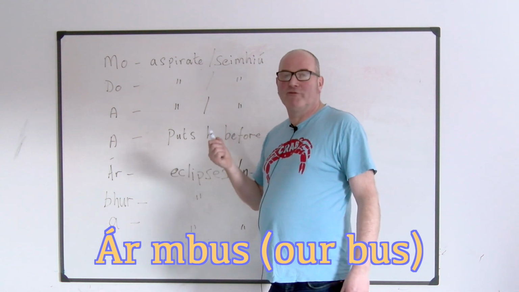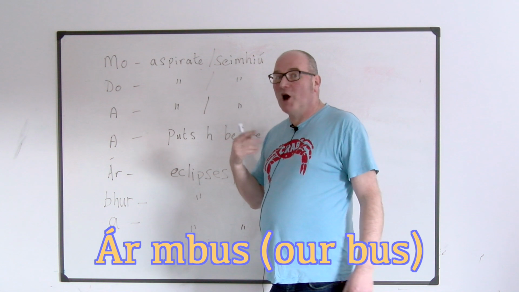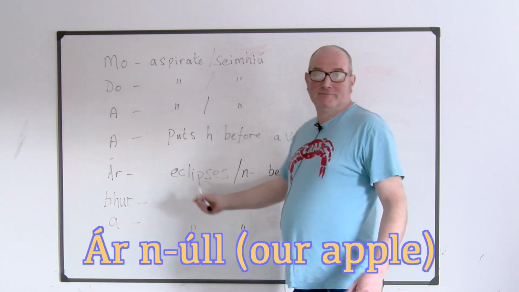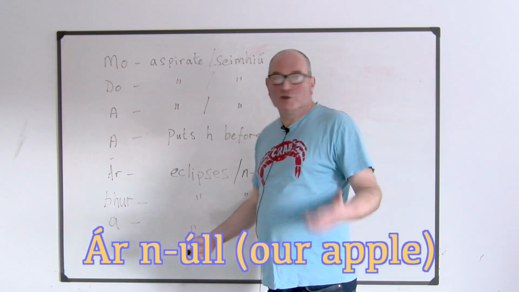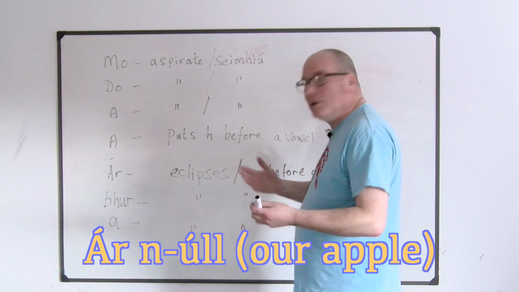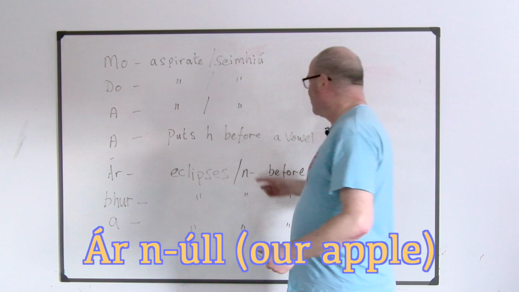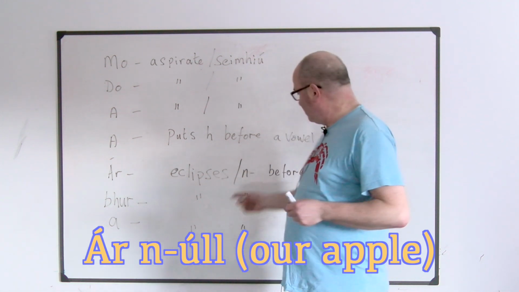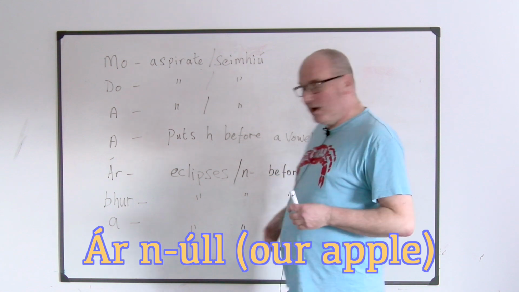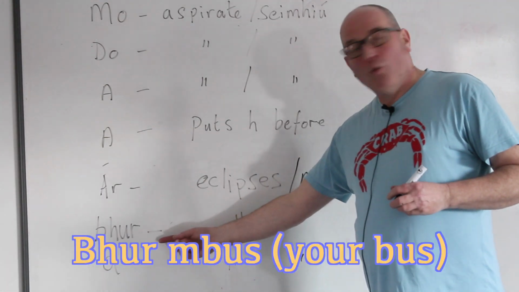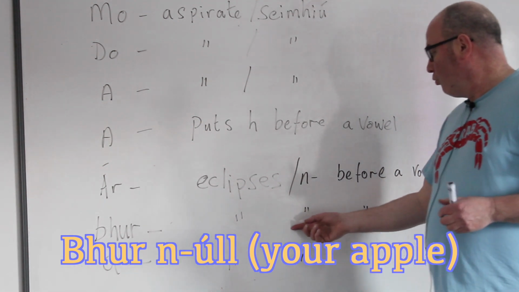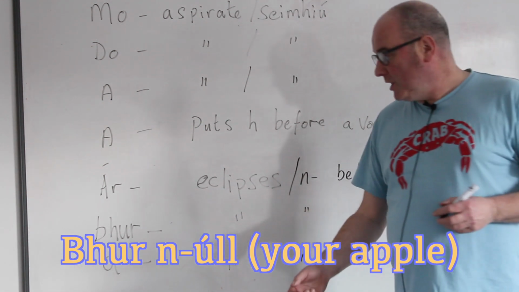Bus being the word for bus, but our bus, ár mbus. Our apple. Don't know if you're ever going to share one apple between a few of you, but just for the example. So ár n-úll. So it puts that N apostrophe before a vowel. Similarly, bhur mbus, your plural bus. Bhur n-úll, your apple.